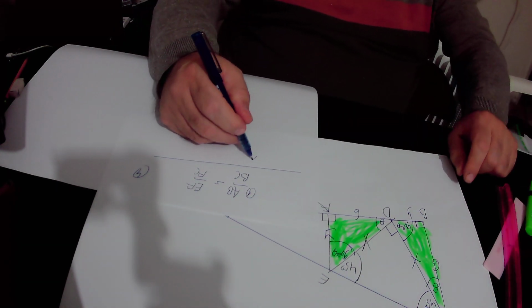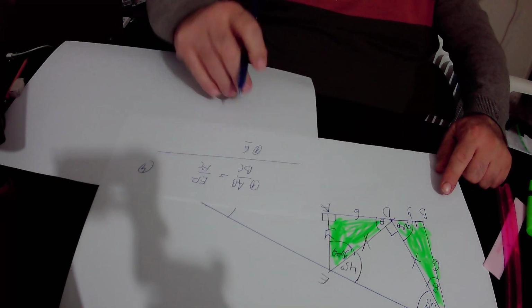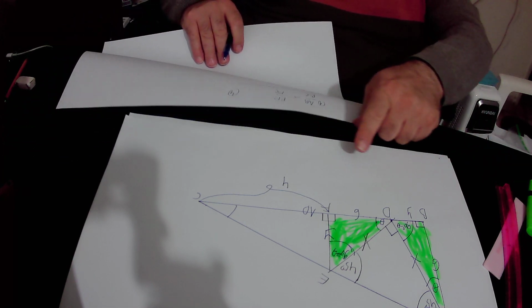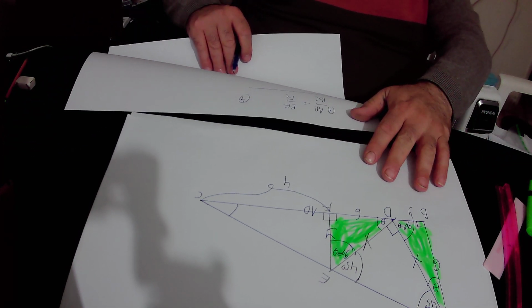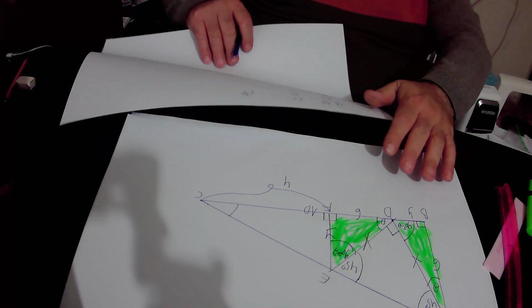AB equals 6 units, BC equals DC plus BD, that is 10 plus y.